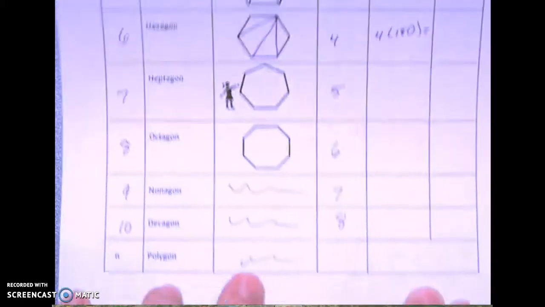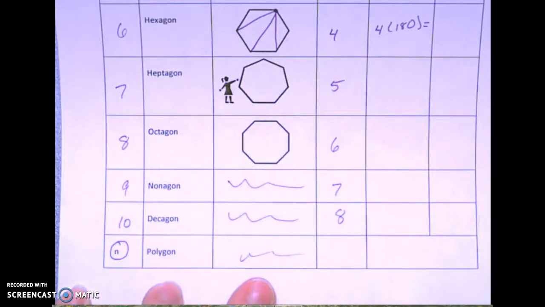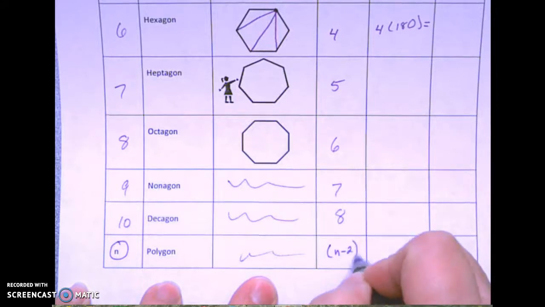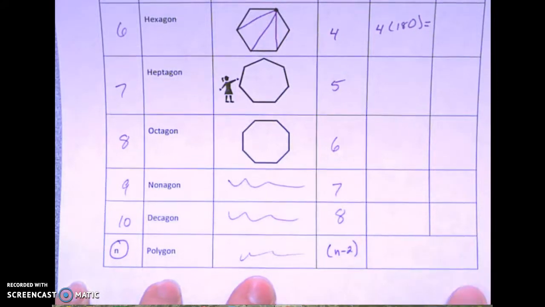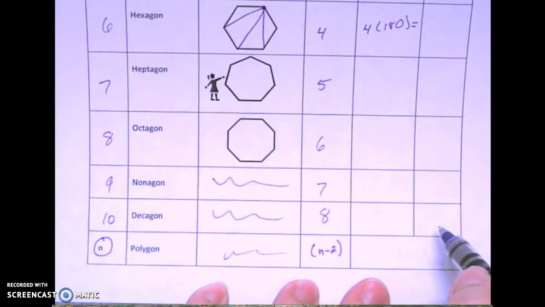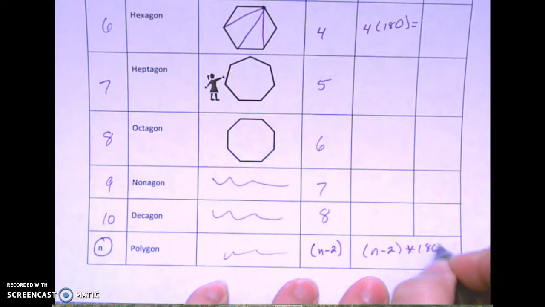So if I'm generalizing for any number n, any polygon, if I have n sides on my polygon, it will make n minus 2 triangles. And if I wanted to find the sum of the interior angles for any polygon, I'm going to take that n minus 2 and multiply it times 180.